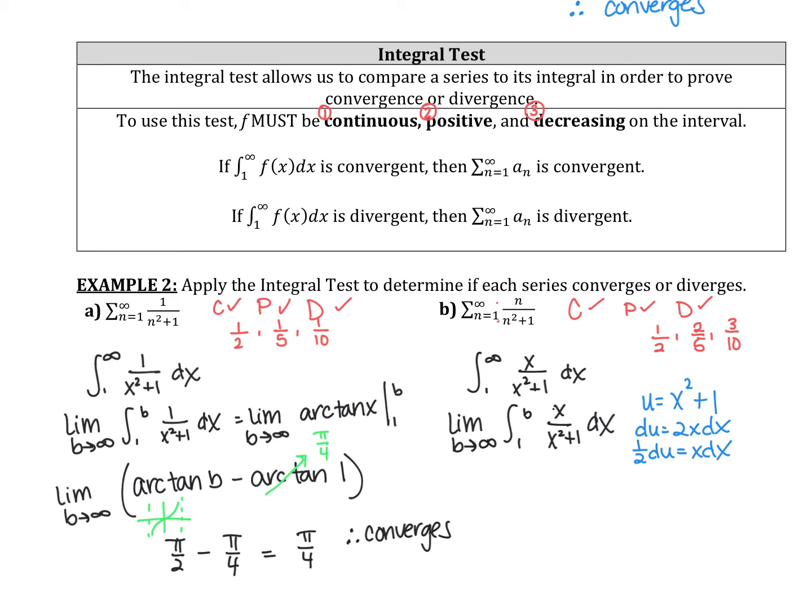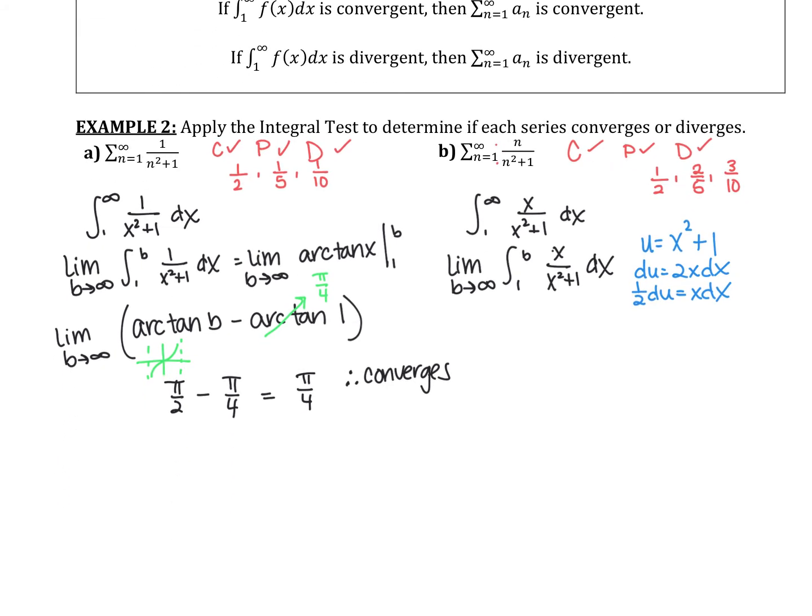And now I can make my substitution. I'm going to be doing the integral of 1/2 times 1 over u du, which means I get 1/2 the natural log of the absolute value of u plus c. I don't need the plus c because I'm about to do a definite integral here.